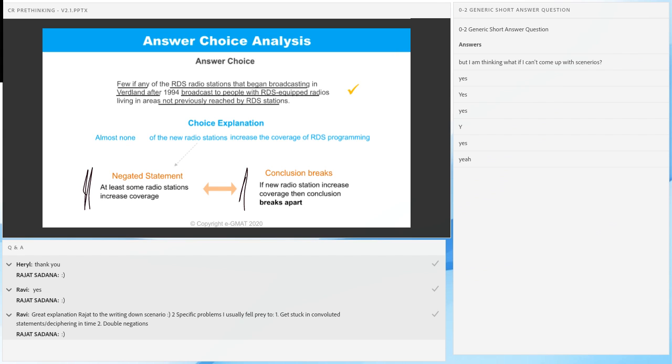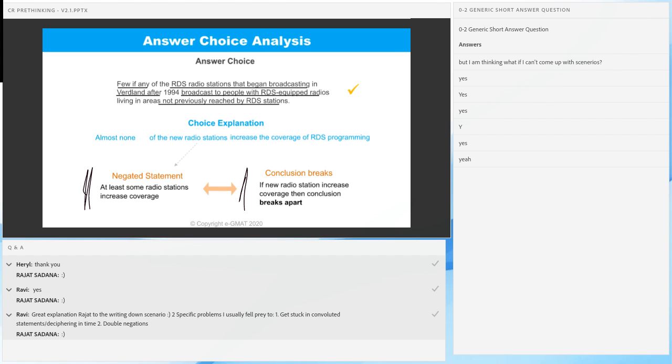Now, what if you can't come up with these scenarios? That's a great question. And there will be arguments where you can't come up with scenarios. But even when you can't come up with very specific scenarios, you'd be able to come up with something which talks about how these radio stations will reach people who were not reached before.